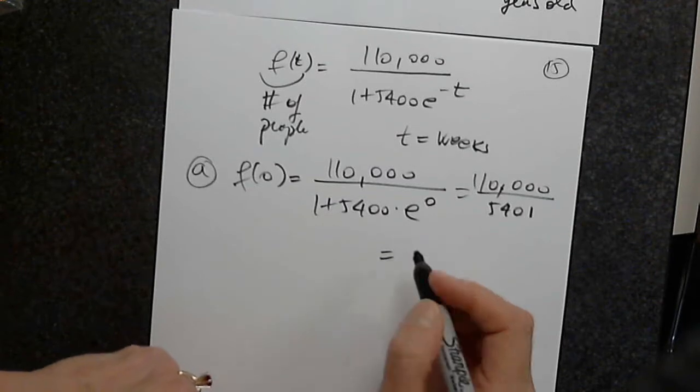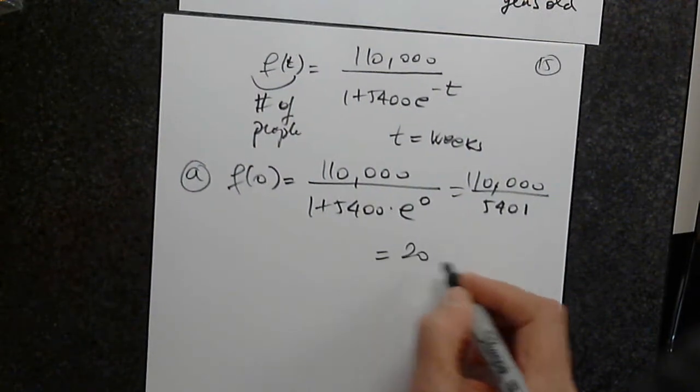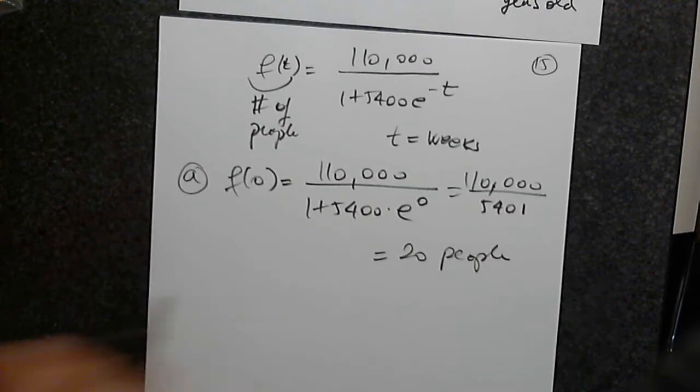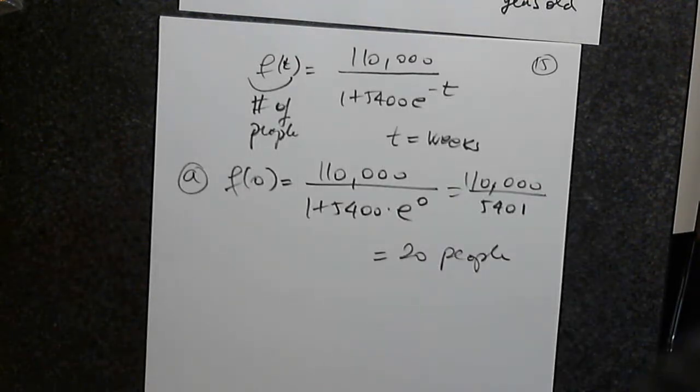Okay, so let's divide. Got 110. We do not round up people. So if you have 1.2, still you have 1. So this is 20 people. Although the answer is 20.3665, the 0.3 is not another person.